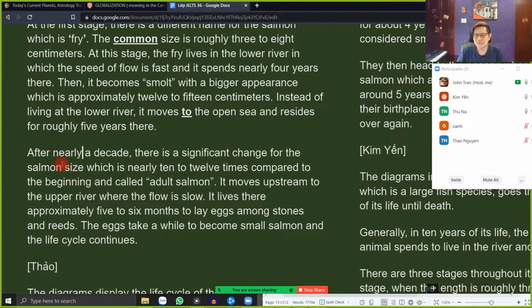Sau gần một thập kỷ. After nearly a decade, nhưng mà nó phải chính xác là gần một thập kỷ. Sau cái gì? Sau giai đoạn 2 hay sau giai đoạn 1? It should be clear like after nearly a decade, after the first or the second stage. Which one is the first stage? After nearly a decade.